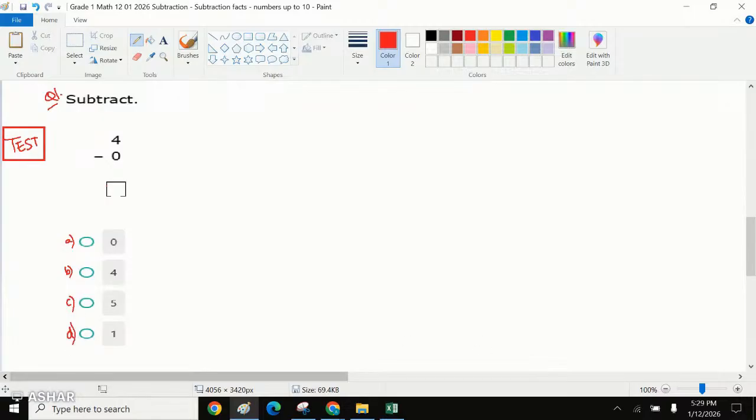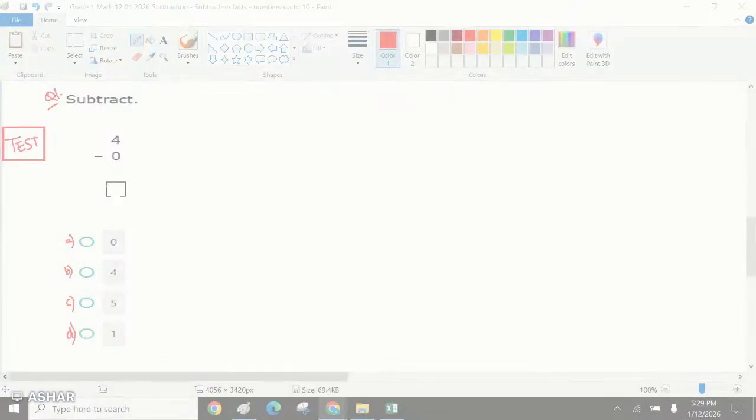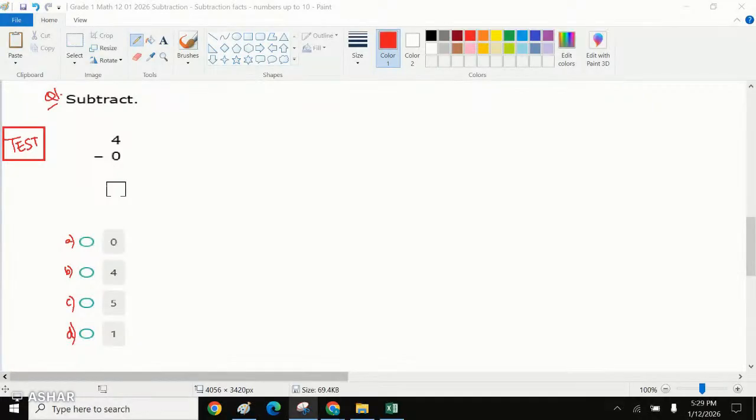What is 4 minus 0? Can anyone give me the answer? 4 minus 0 should be equal to... Semi, Prinsley, Edibe.